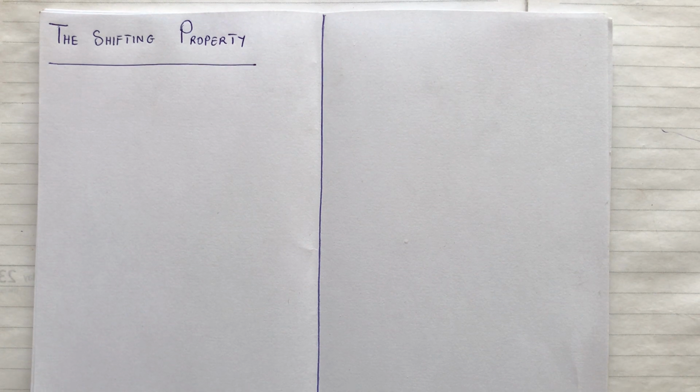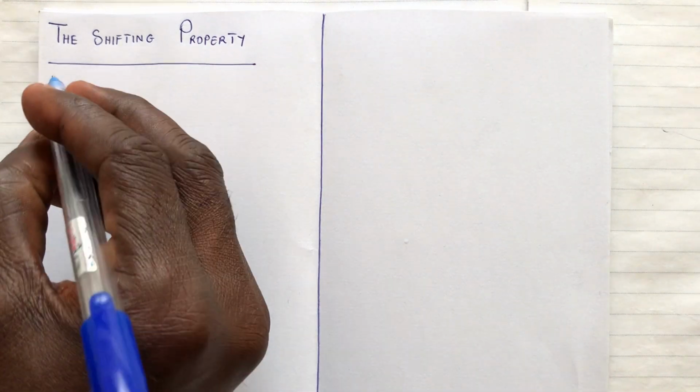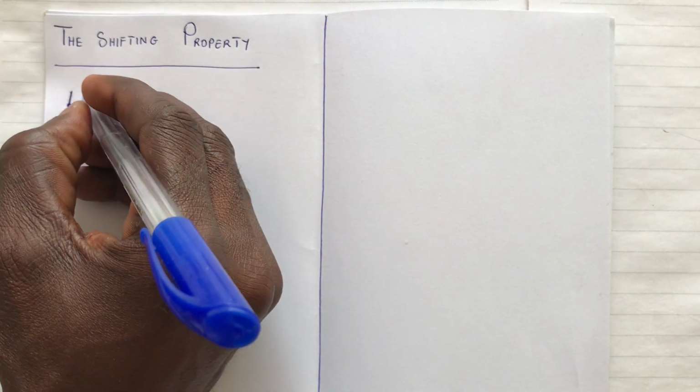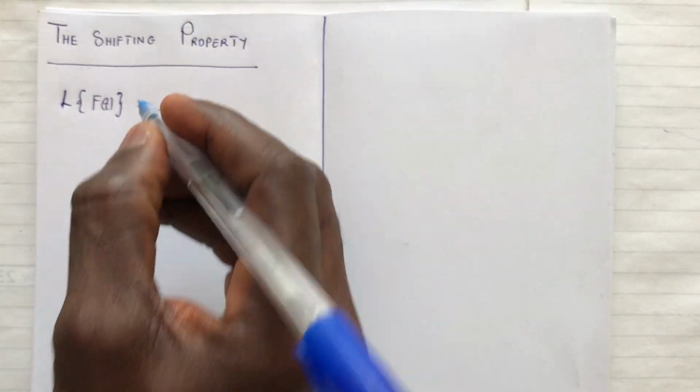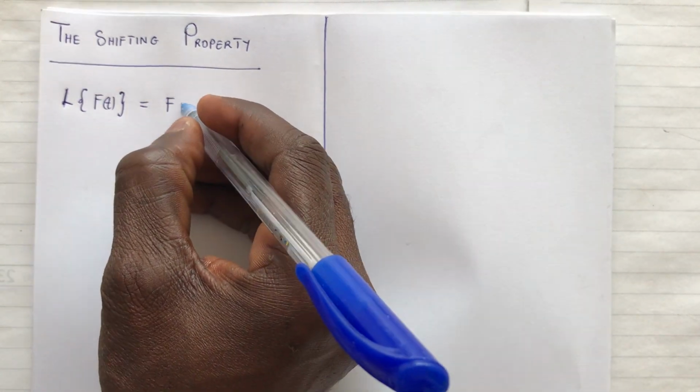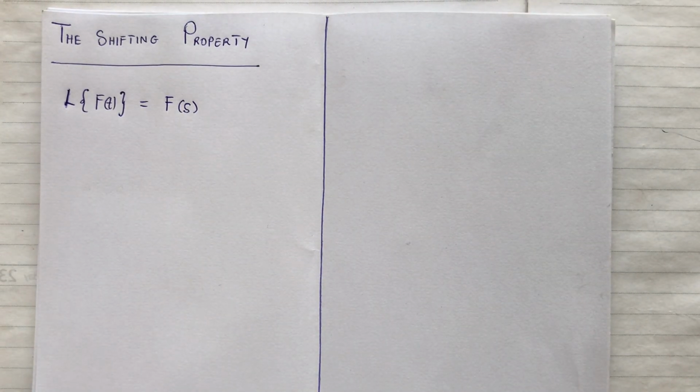Now, we learned in the beginning, if you have seen my introduction to Laplace transformation, part 1, that the Laplace transform of a function f of t, L of f of t, is equal to F of s. This was what we learned.